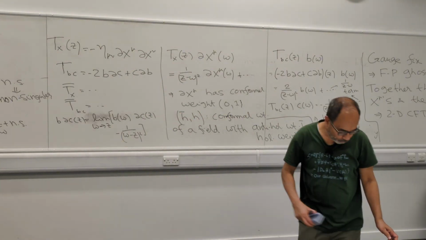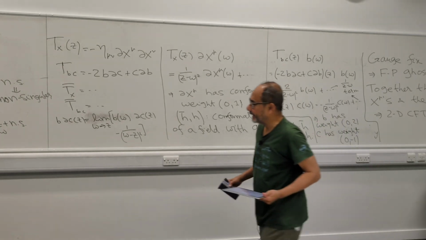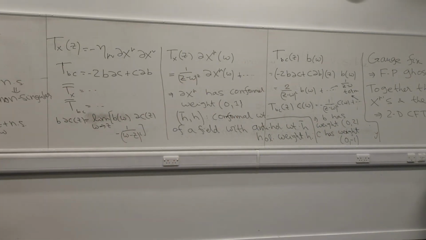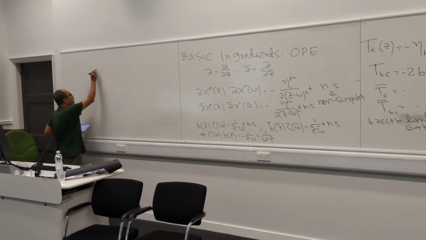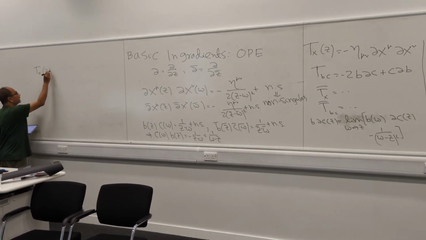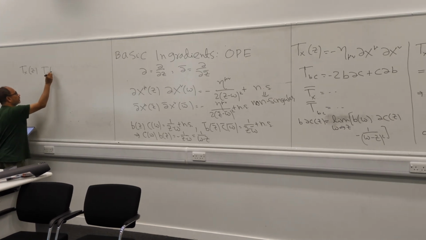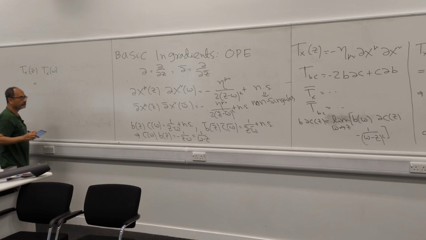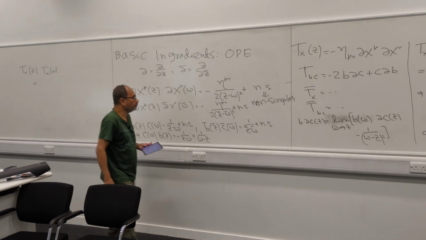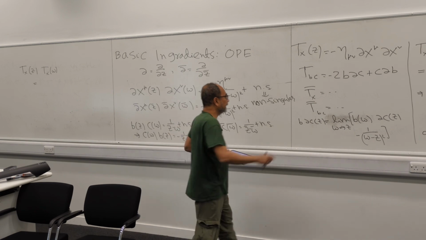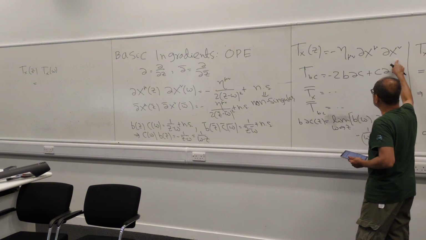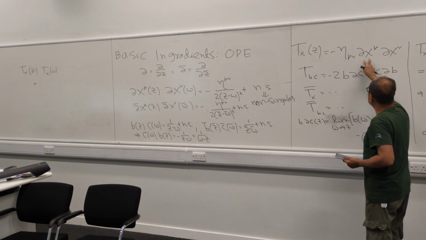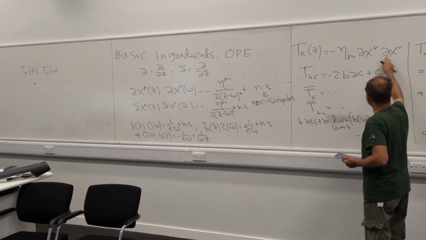Okay, so now we want to do the OPE of the energy momentum tensor with itself. T^X of z with T^X of w. So when you calculate the OPE of this with itself, there are two possible contractions.